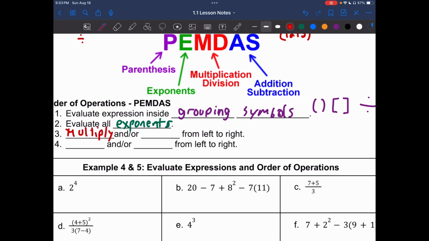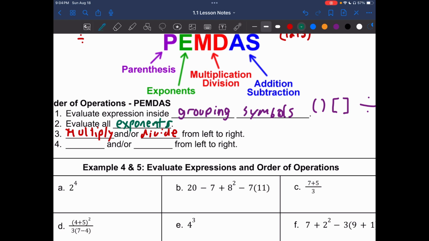So multiply and or divide. And we are going from the left to the right in each of the pieces that you're working with. So we work from left to right. It doesn't matter which comes first, multiplication or division. We work from the left side of the expression to the right side of the expression.